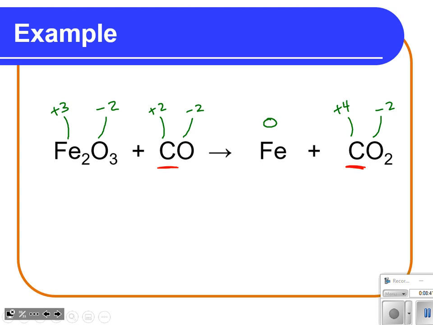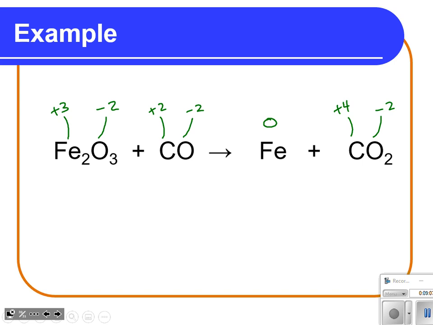All right, let's look at the carbon. Carbon has a +2, and it goes to +4. So I am losing 2 electrons. I'm getting more positive, so I'm losing electrons. Lose electrons, oxidation. So in this particular instance, my carbon here is being oxidized.